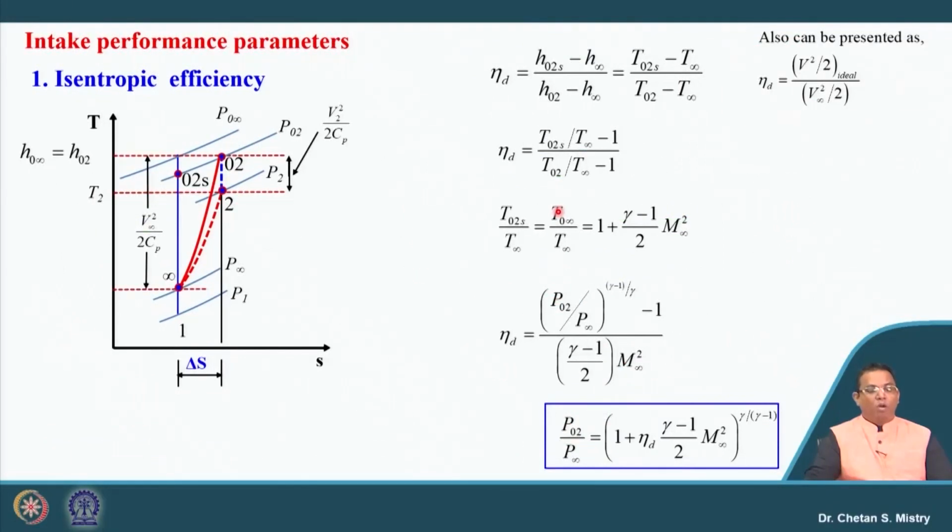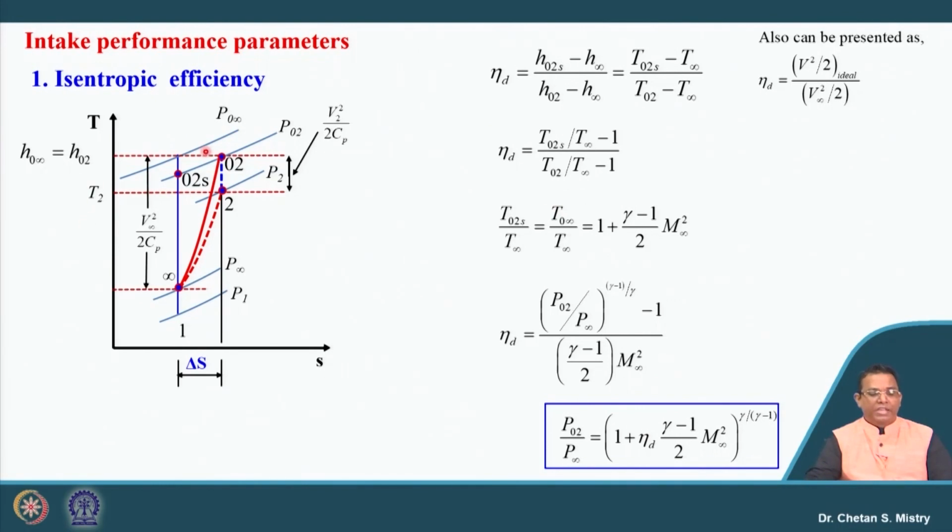Okay. Now in order to check the performance of my intake, we introduce some parameters. The very first parameter is isentropic efficiency.